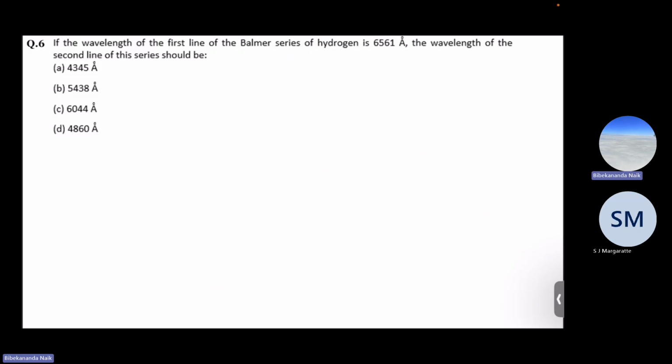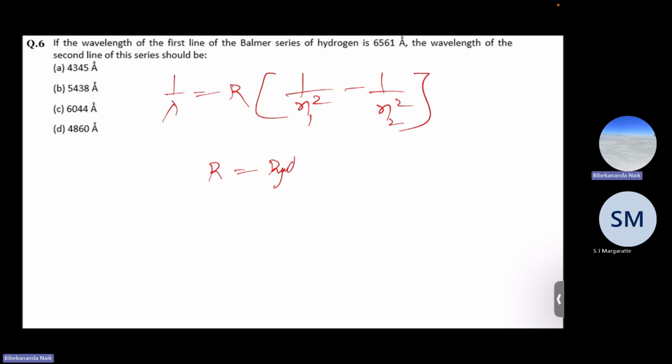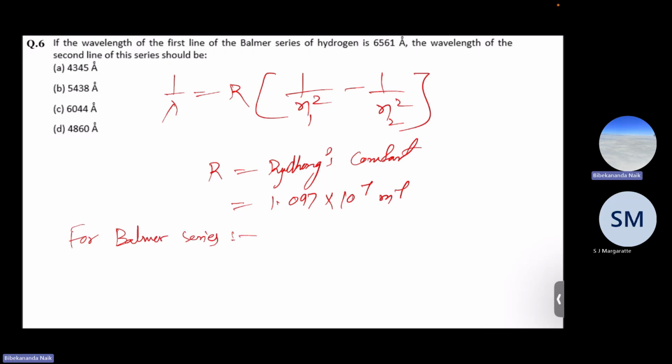And the expression for wavelength is 1 by lambda equals R times 1 by n1 square minus 1 by n2 square, where R is the Rydberg's constant, 1.097 into 10 to the power 7 meter inverse. So for Balmer series, n1 equals 2 and n2 is 3, 4, 5, like that.